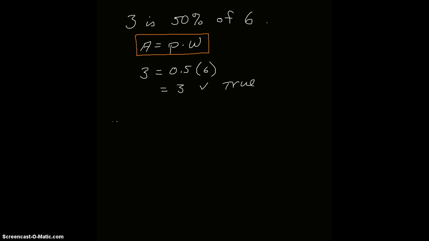So let's do some where we solve. What is 20% of 150? The first thing I'm going to do is put it in terms of the formula. What is the part? 20% of 150. Of, you can think of as multiplying. This is the whole amount, right? 20% is my percent, or P, and is an equal sign.